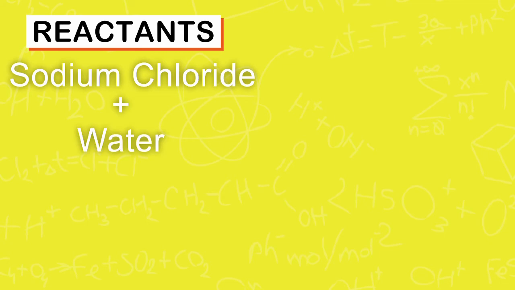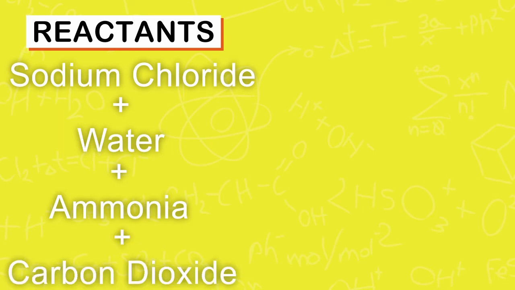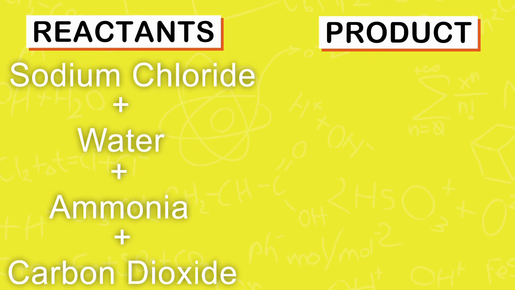But this time I will add two different reactants, right? I'll add ammonia, and I'm going to add carbon dioxide gas. So keep in mind this reaction has 4 reactants. When all these 4 reactants combine, you'll get 2 products.